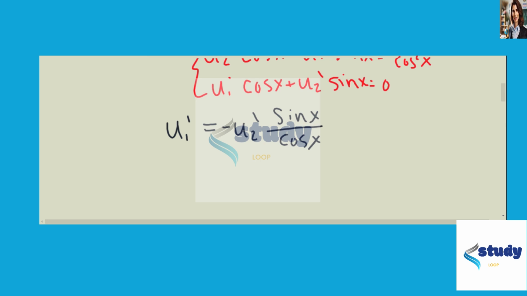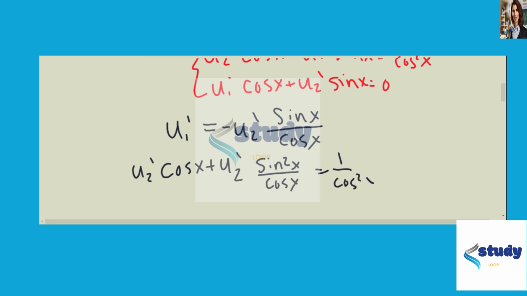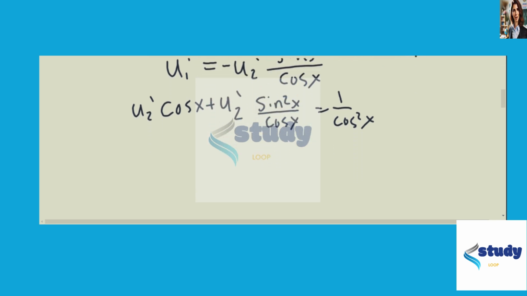If we substitute that into the first equation, then we get u2 prime cosine of x plus u2 prime sine squared x over cosine of x is equal to 1 over cosine squared of x.